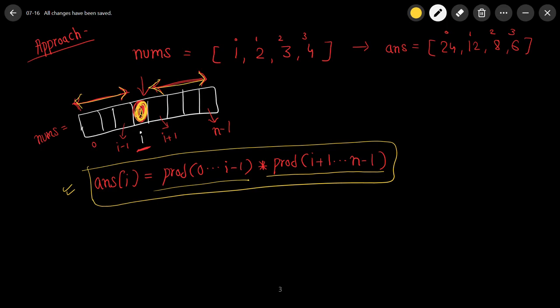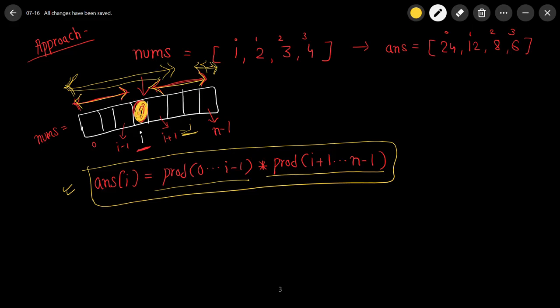Now suppose you do this process for this i. After some time, you are computing for another i. You would need the product from here till here and the product from here till here. Every time you encounter a new i, you should not repeat this process of computing these two products of these two portions.